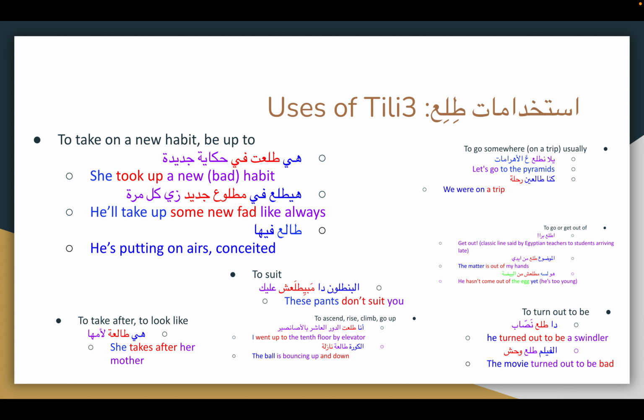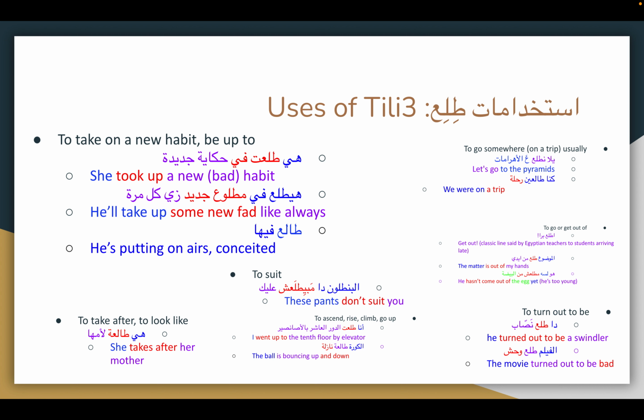هيطلع في مطلوع جديد زي كل مرة. هيطلع, so that's future tense. He will. So that's he'll take up a new fad. مطلوع is like a craze or a fad.